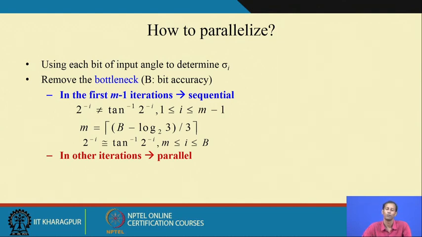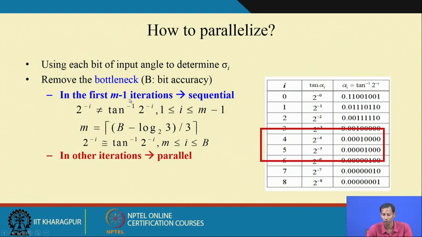Considering that fact, this parallel CORDIC architecture has evolved. In the first m-1 iterations, it follows the conventional sequential method. But for the other iterations, if b is the number of bits, it performs parallel operation. Okay. So, these are the elementary angles.